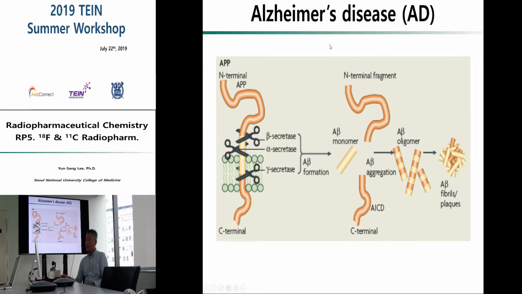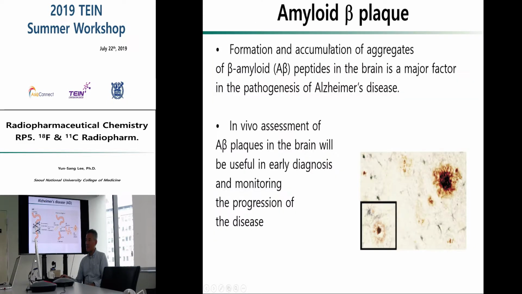And the other part is Alzheimer's disease imaging agents. As you know, Alzheimer's is related with amyloid beta plaques, which are outside of the cell, and we can detect them with a PET agent.